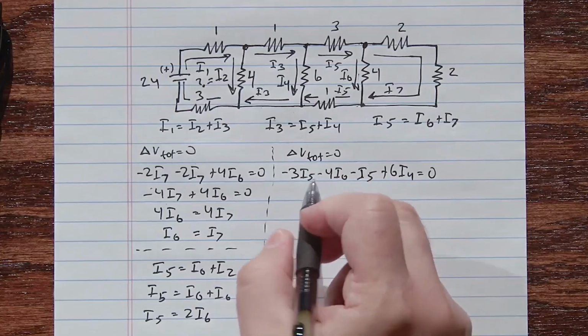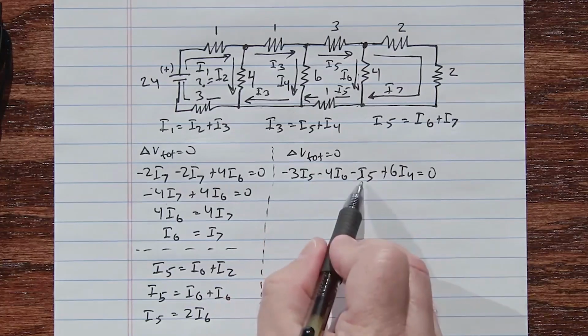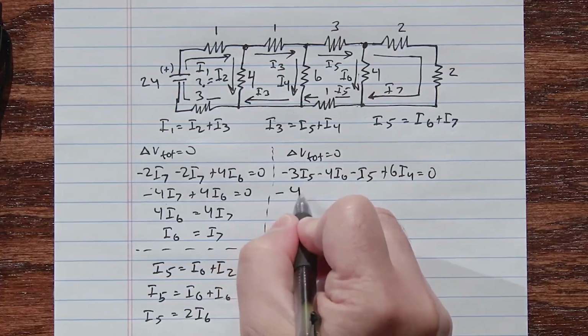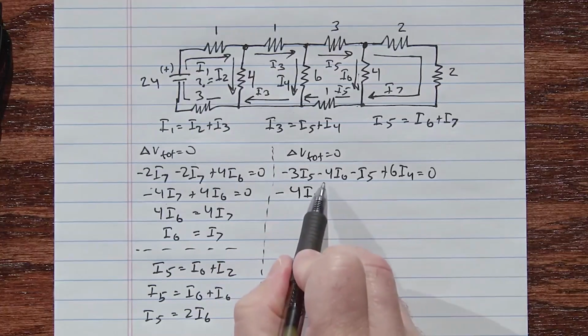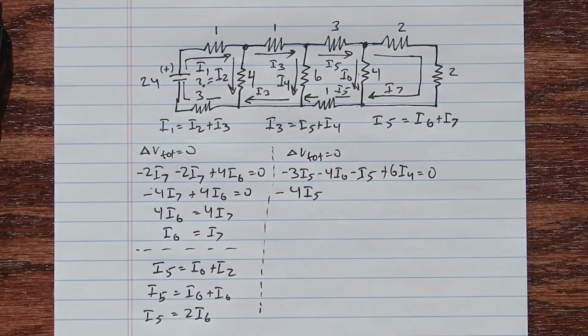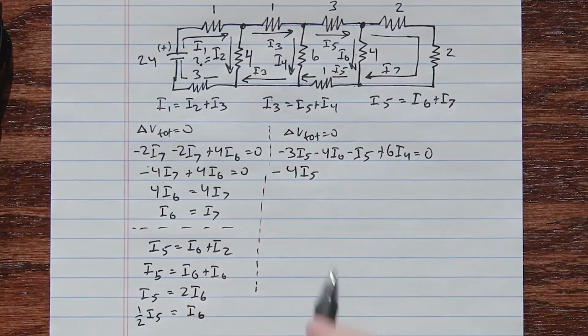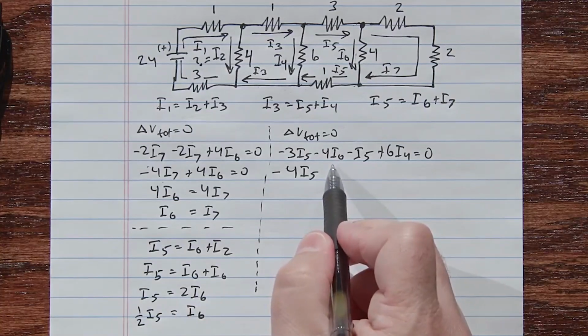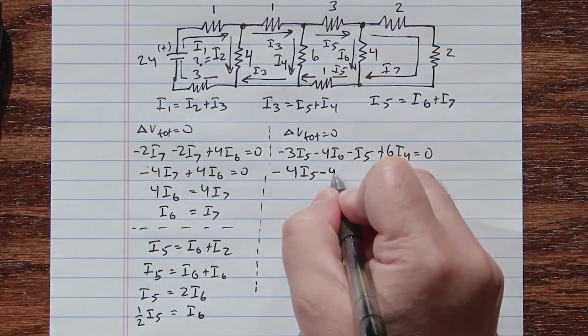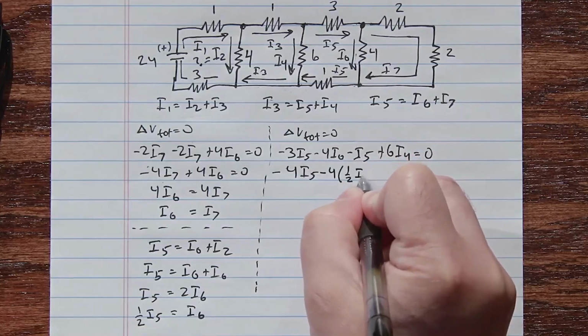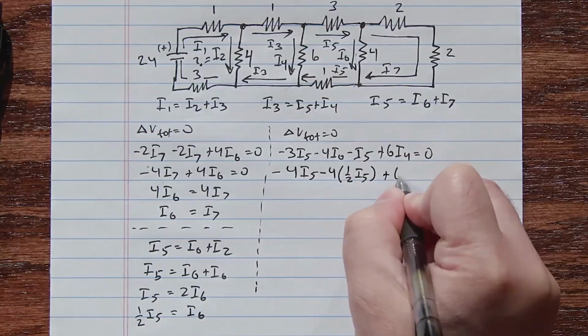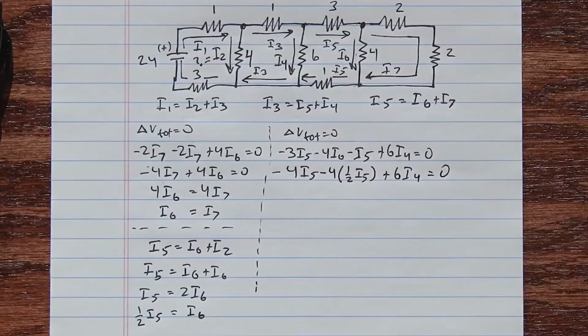And so I have minus 3I5 and minus I5. That's minus 4I5. And I've got minus 4I6, but I know that I6, actually let me carry this one step further. I6 is equal to 1/2 of I5. So for I6, I can substitute in 1/2 of I5, so minus 4 times 1/2 I5 plus 6I4 is equal to 0.